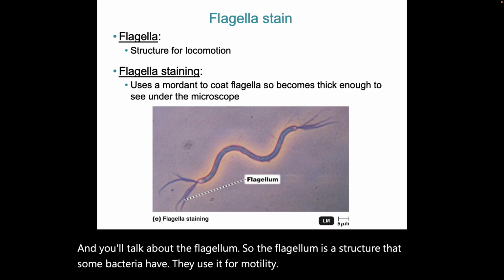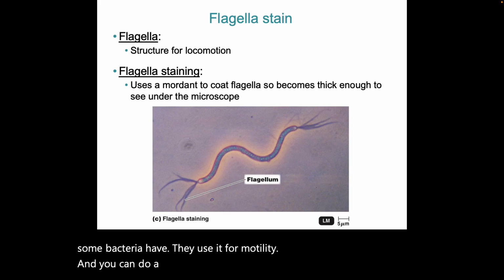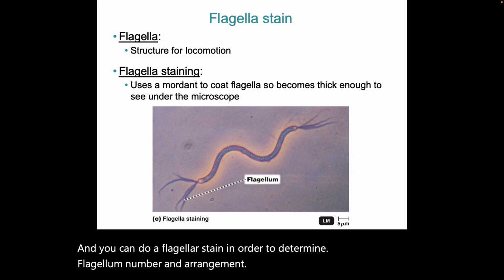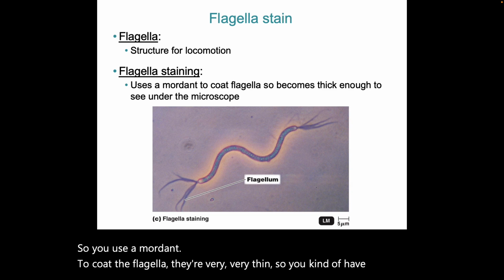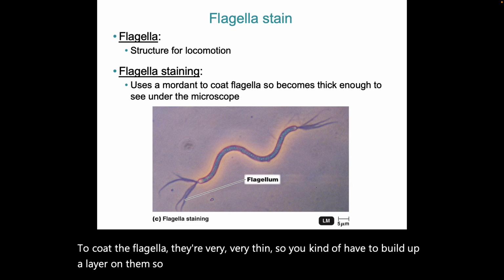And you can do a flagellar stain in order to determine flagellum number and arrangement. So you use a mordant to coat the flagella. They're very, very thin. So you kind of have to build up a layer on them so that you can make them thick enough to see under the microscope.